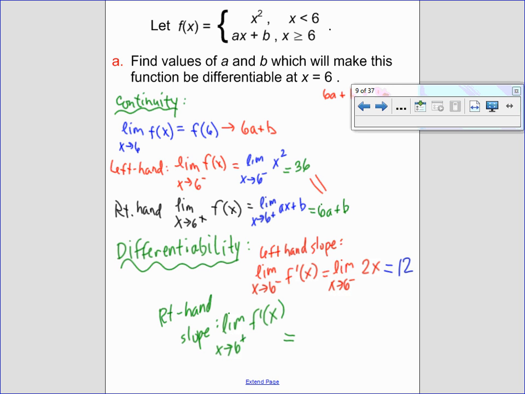Top or bottom? Bottom, but I want f prime, not f, so what will I have to do to f's bottom definition? Differentiate it, keeping in mind that a and b are constants. So what's the derivative of ax plus b with respect to x? A. What happens to b? It's just a constant. So the derivative of y equals mx plus b is m. The derivative of ax plus b is a.